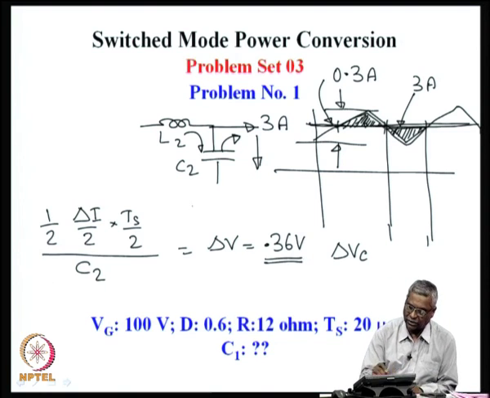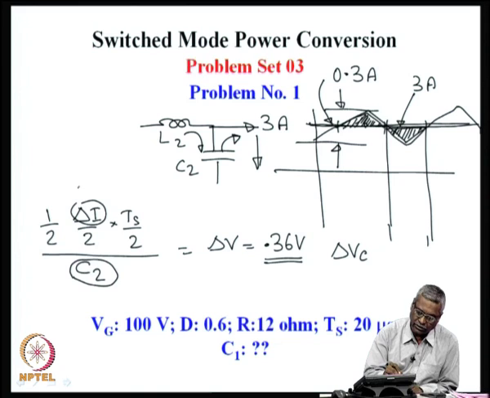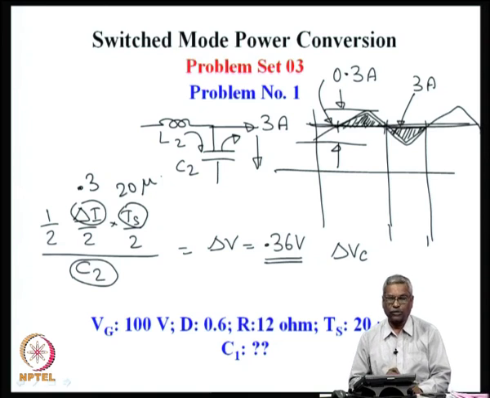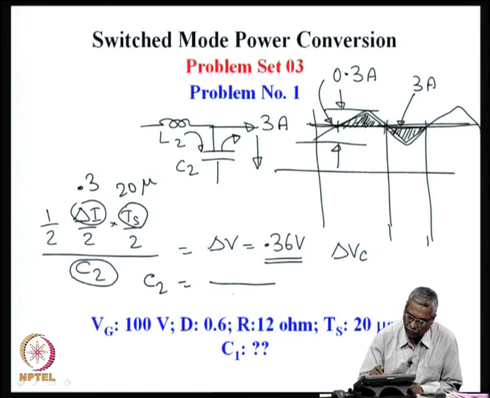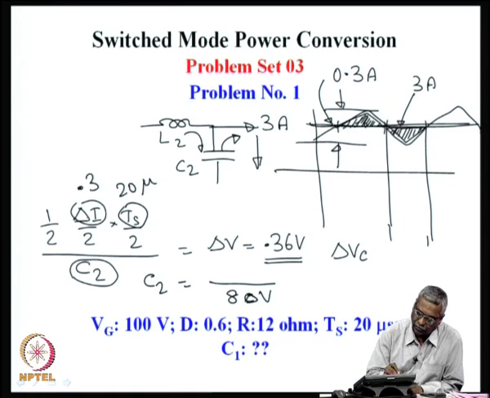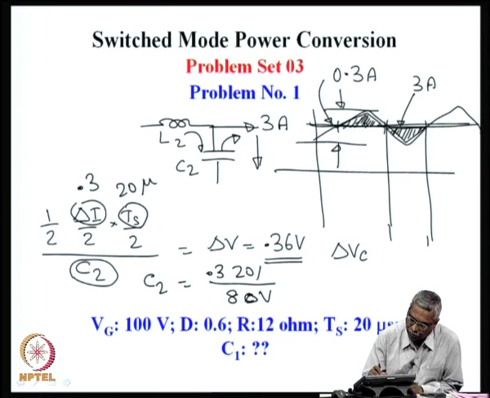Now, in this equation, all the quantities are known except C2. We know that delta I is 0.3, Ts is 20 micro. So, it is possible now to write C2 as 8 into delta V in the denominator, and delta I is 0.3 and Ts is 20 micro.